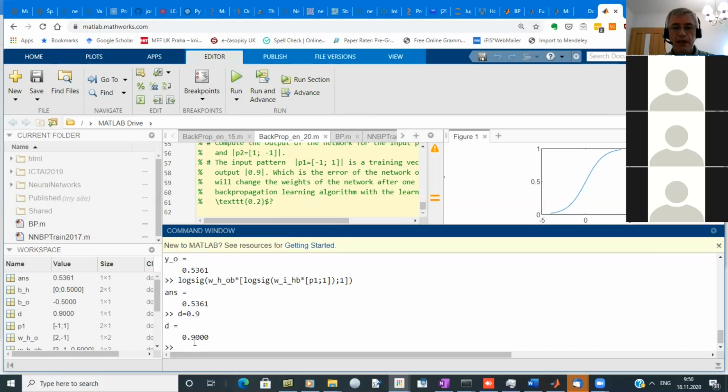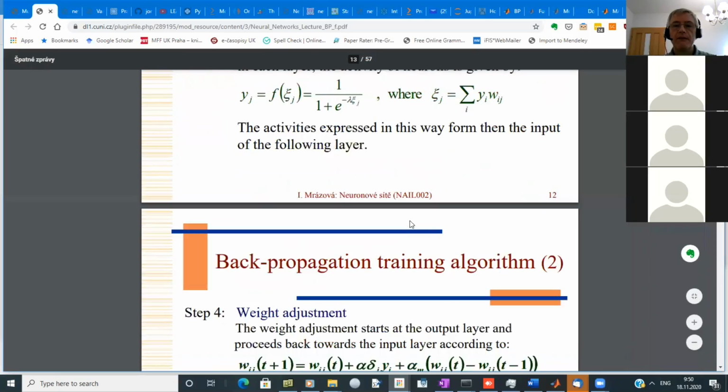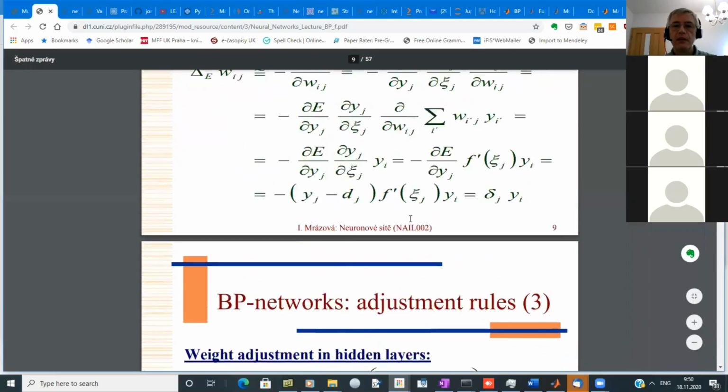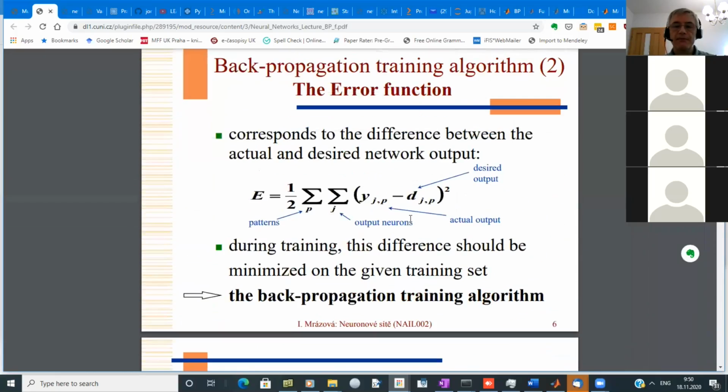The error function is on the slides, here on slide 6. Now we have just a single pattern, so this sum will sum only for a single value of P, just one input pattern.